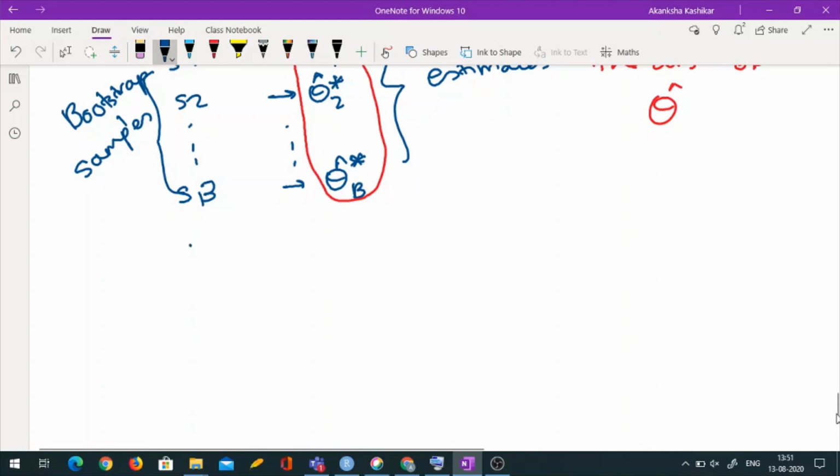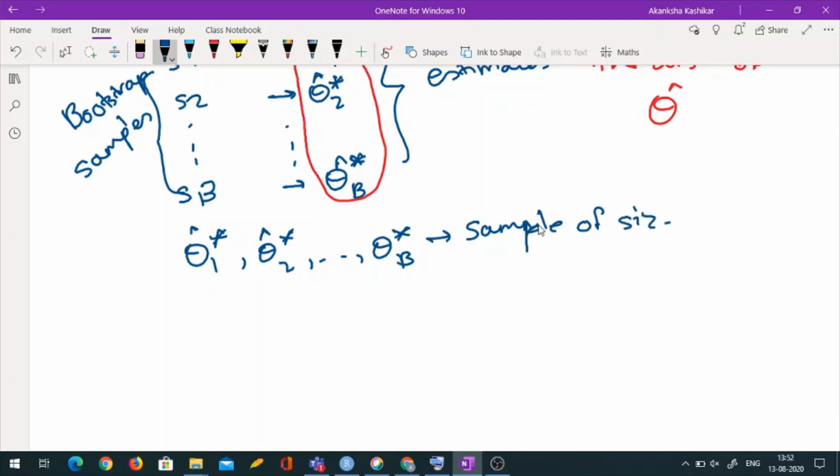So what I'll say is my theta 1 hat star, theta 2 hat star up to theta B hat star is like a sample of size B from the distribution of theta hat.